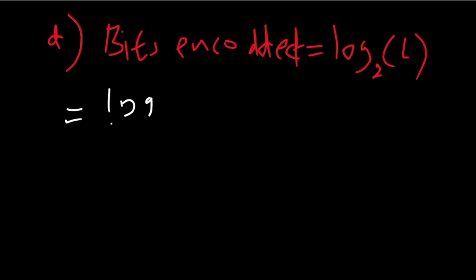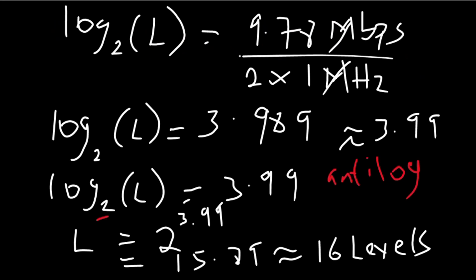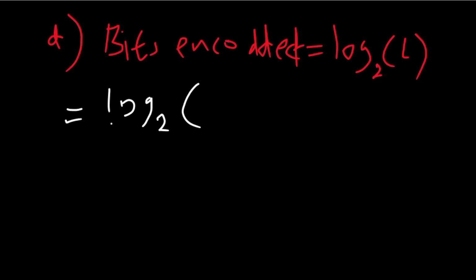So without wasting much time, let's fix this in it. So we have 16. Good. So log to the base 2 of 16. We know from the properties of the logarithm that log to the base 2 of 2 gives 1. Now 16 is simply 2 to the power 4.